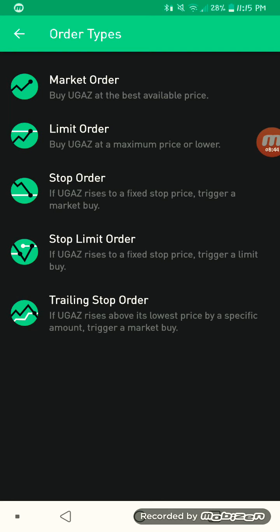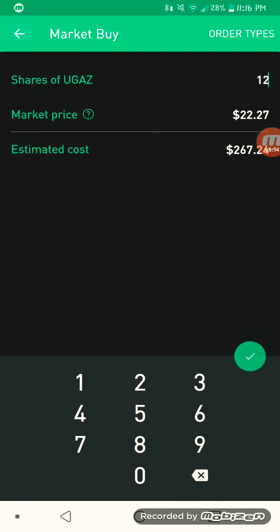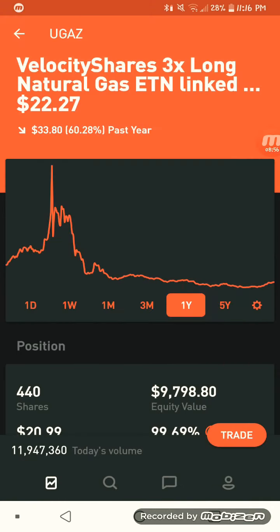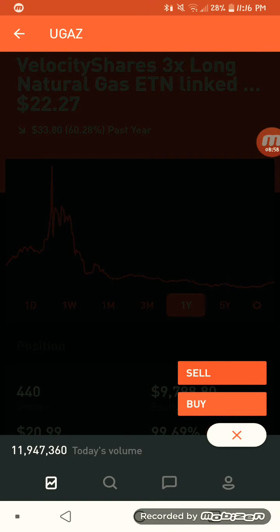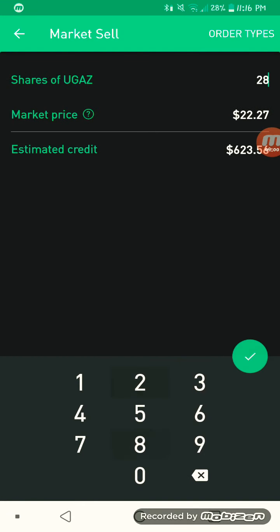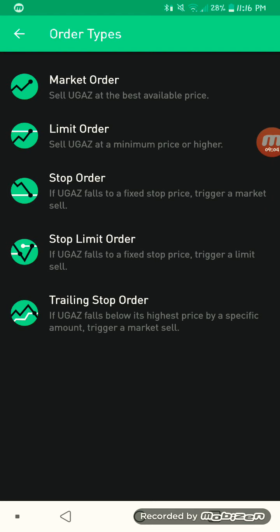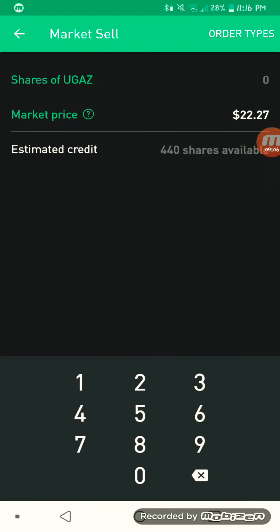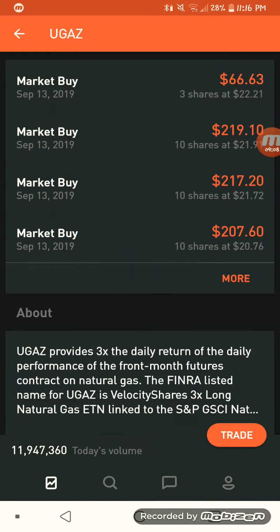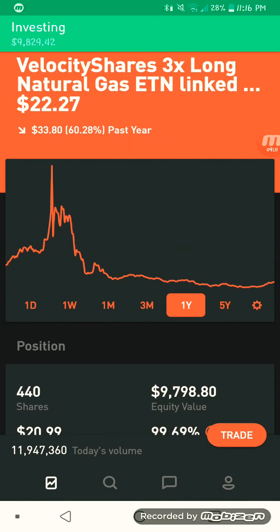Limit order, if you want to sell at a specific price, you can set it and it'll sell automatically once it's at that price. Stop order, stop limit order, trailing stop order. And there's also sell, and you put how many shares you want to sell. And then there are different order types as well. So yeah, that's pretty much it for the stocks that you're investing in.